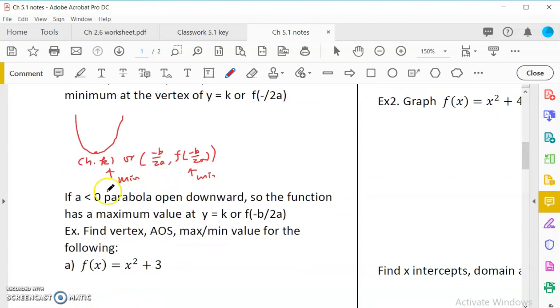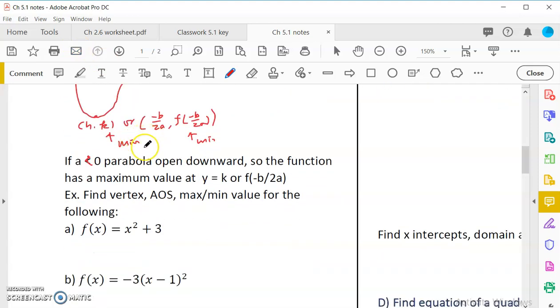If a is less than 0, oh, this would be less than 0. It's a typo. Yes, it is less than 0. That one is greater than 0, right? Then the parabola opens downward. So I would write a less than 0. You can think of a sad face. So it goes down, and this point is the highest point.